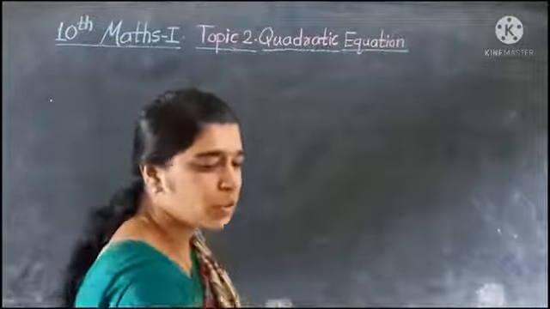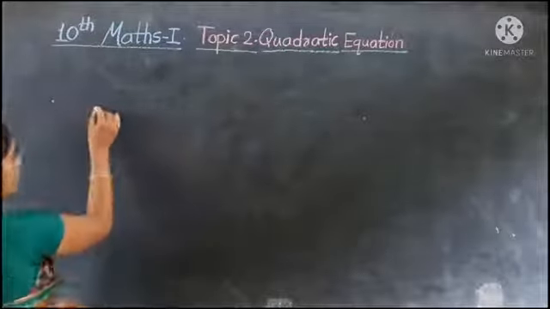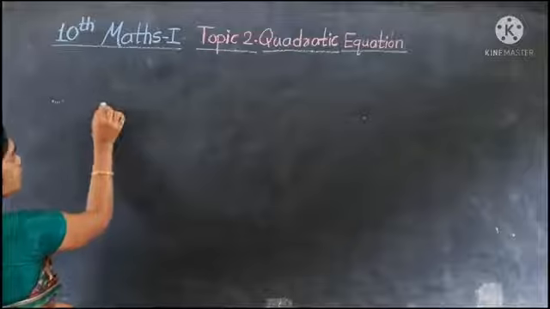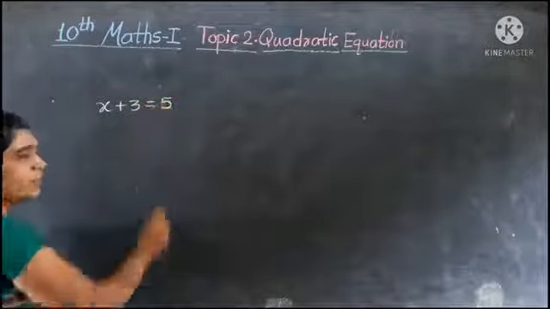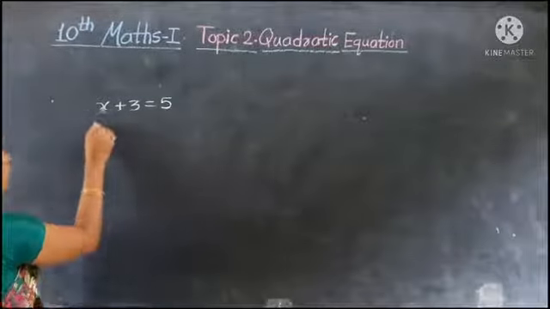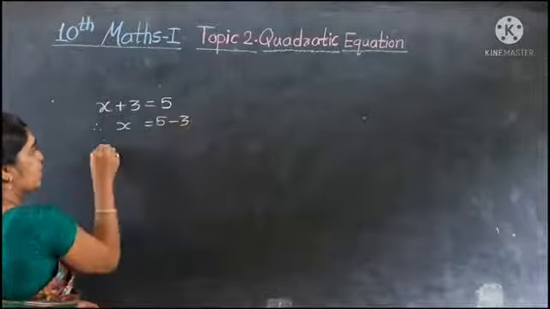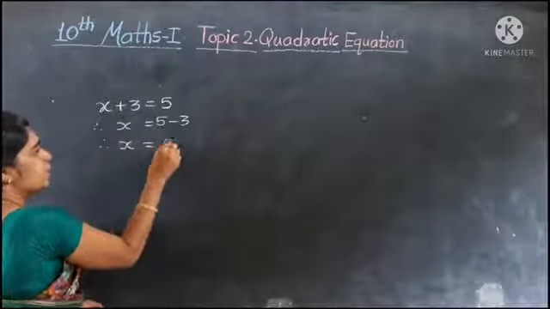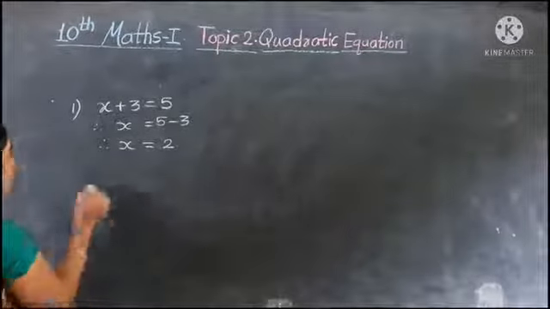Okay students, you recall how to solve any given equation. Suppose this is the equation x plus 3 is equal to 5. How do we calculate this? We take the value of x as 5 minus 3, that is x is equal to 2. We learned this in the earlier standard.